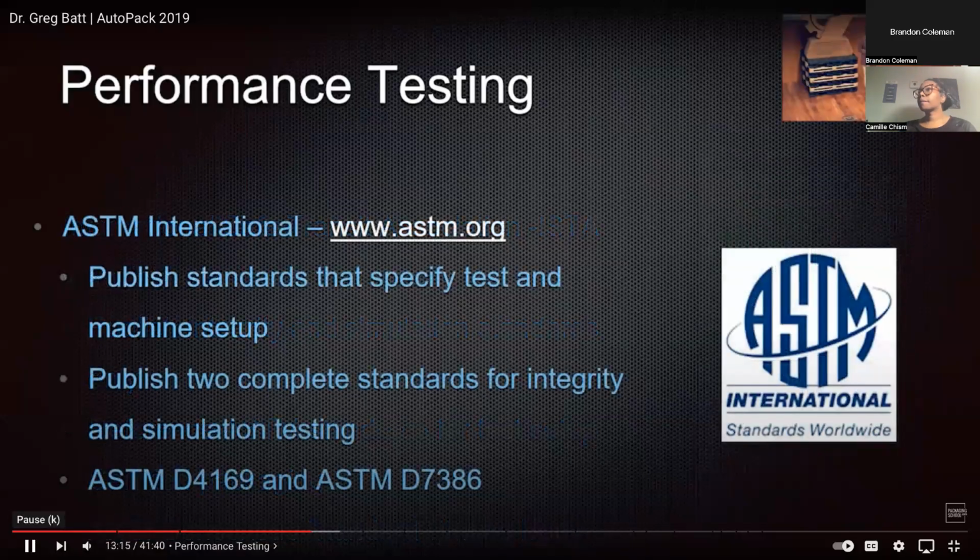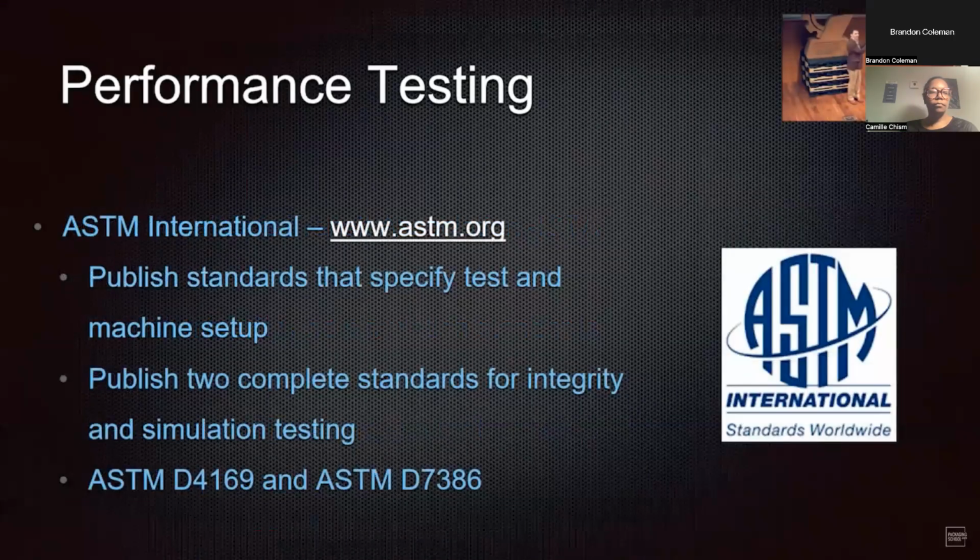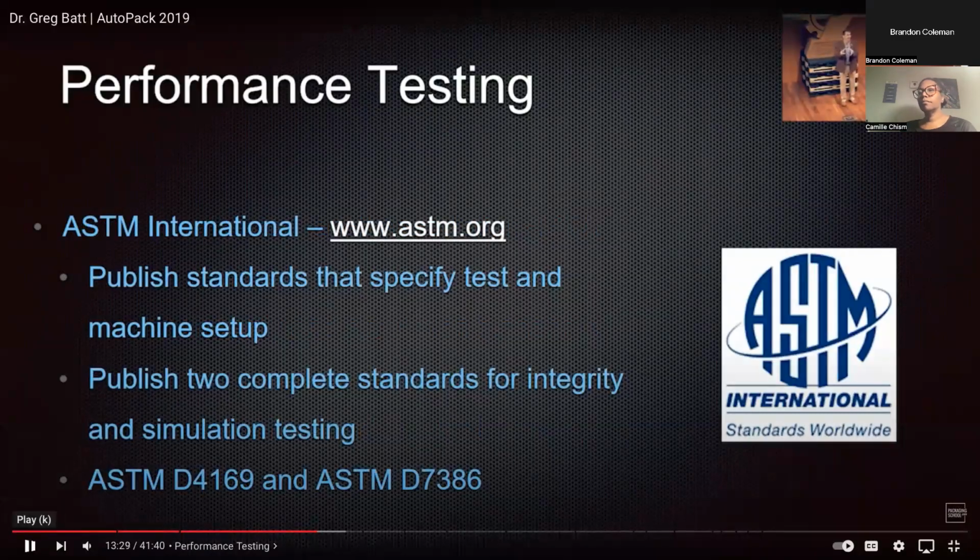Another organization is ASTM International. Their focus is a massive organization publishing all kinds of standards for everything from amusement rides to concrete.